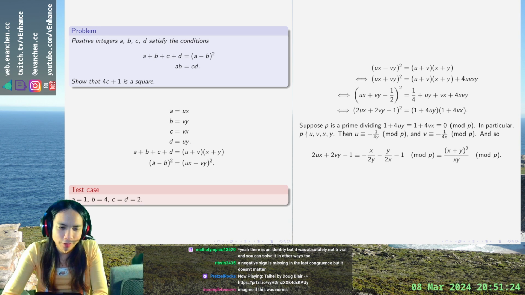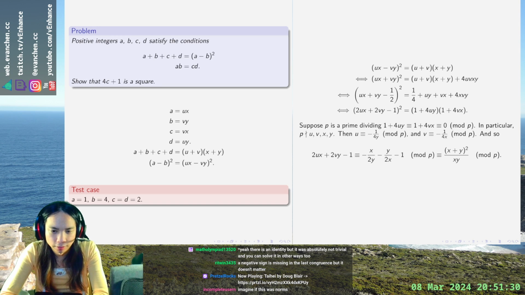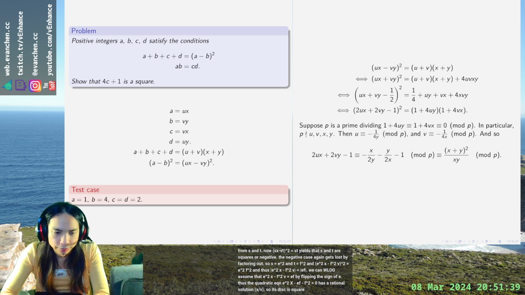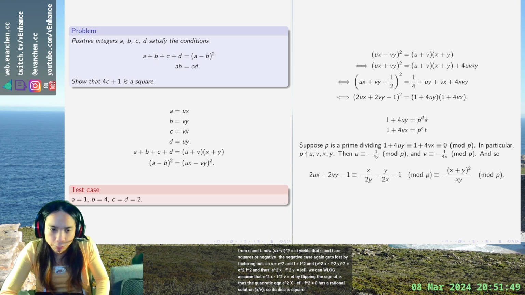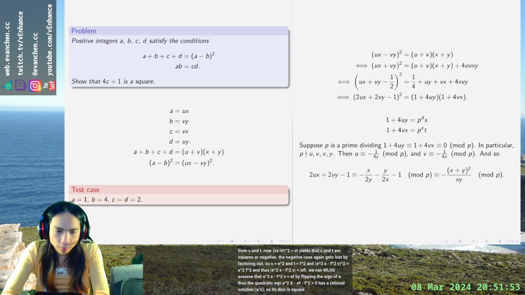Okay, you know what? I'm going to try to brute force my way through this. So rather than doing this stuff with the setup, I'm going to introduce notation for the VPs, and say suppose this VP is equal to something. S will be some number not divisible by P, T will be some number not divisible by P. So we analyze prime powers.